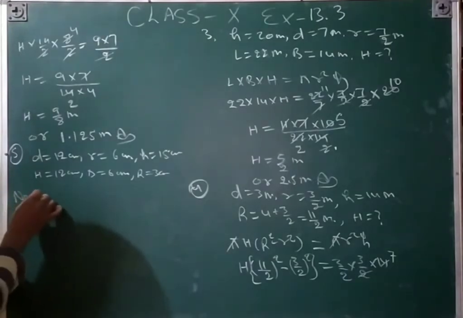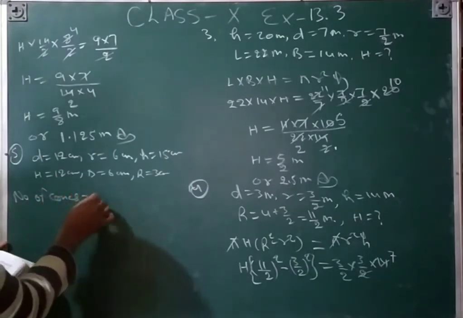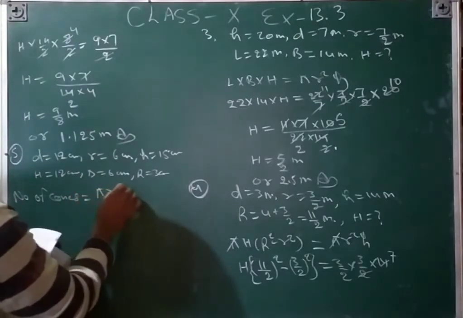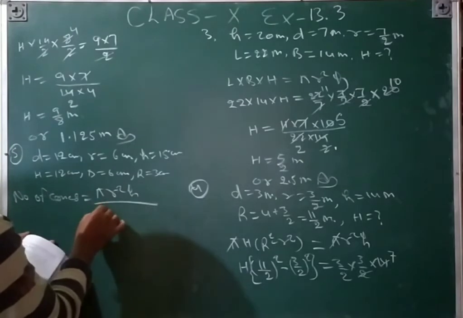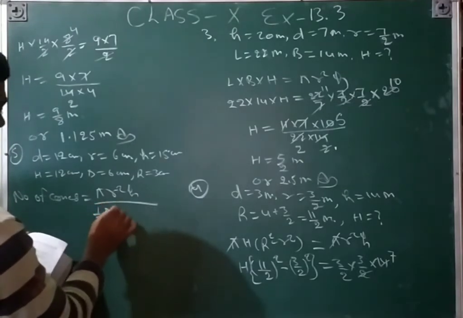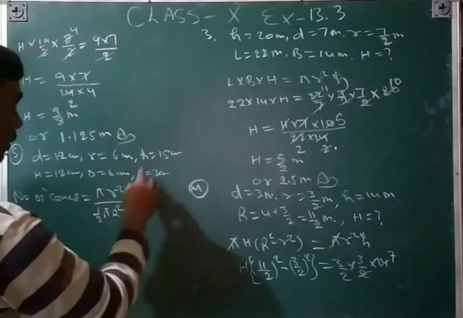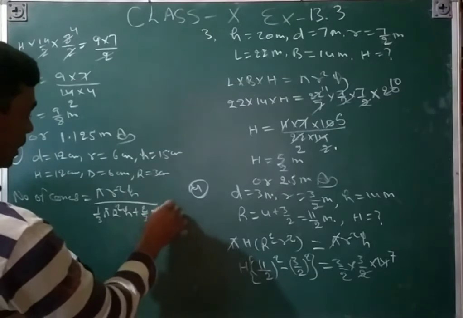So number of cones is equal to volume of cylinder container, pi r square h, upon volume of cone, 1 upon 3 pi r square h, plus volume of hemisphere, 2 upon 3 pi r cube.